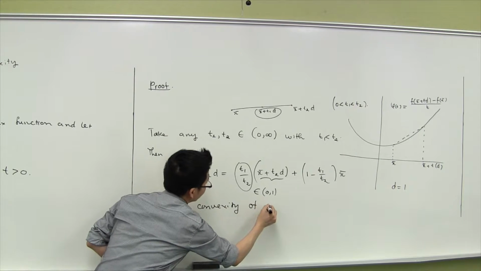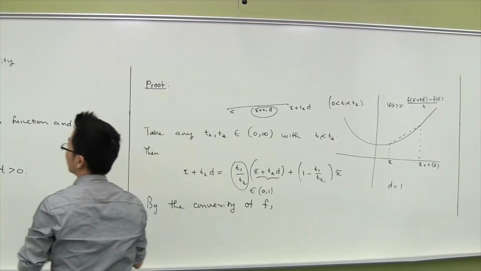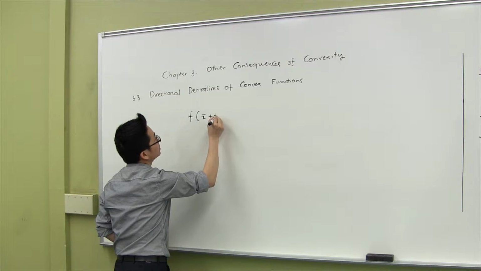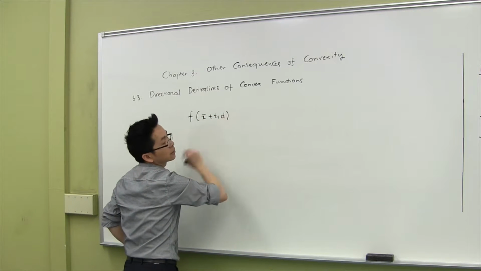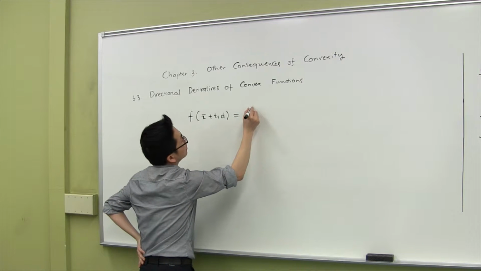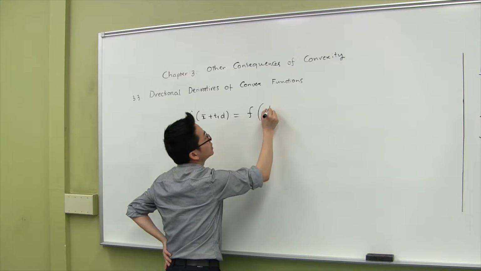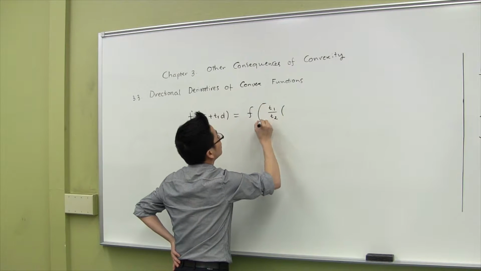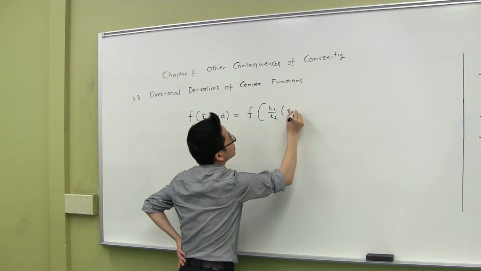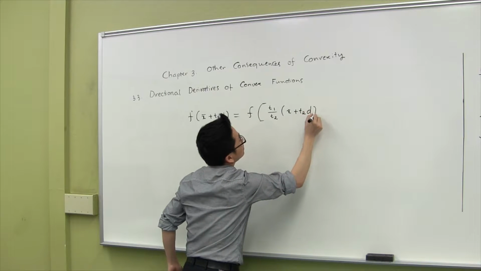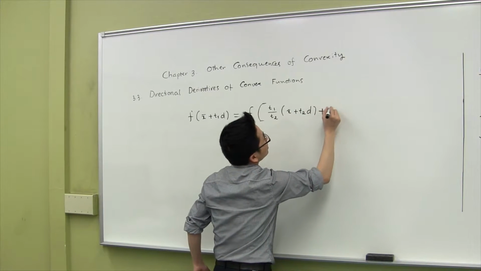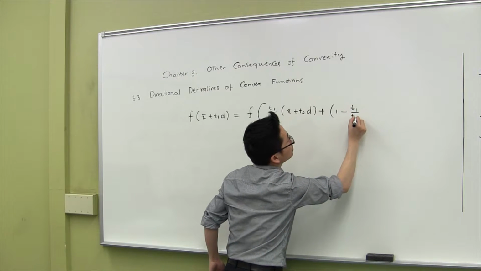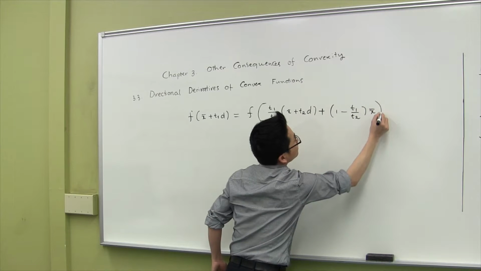By the convexity of f, we have the following inequality: f of x bar plus t1 times d is equal to f of t1 over t2 times x bar plus t2 times d, plus 1 minus t1 over t2 times x bar.